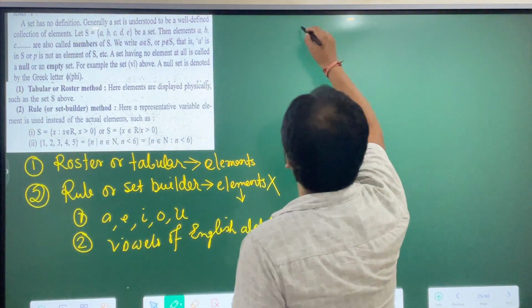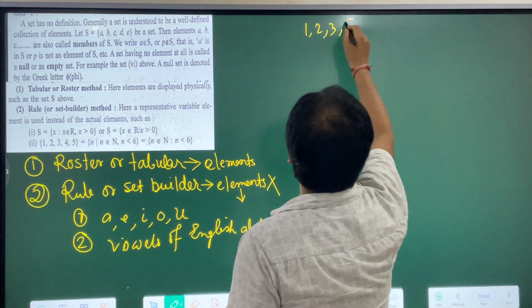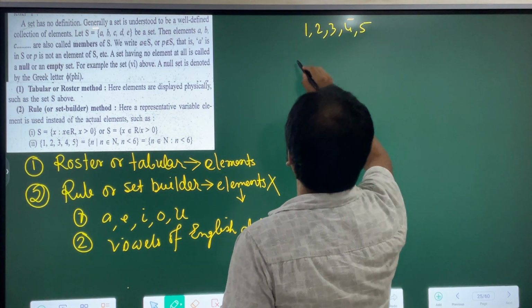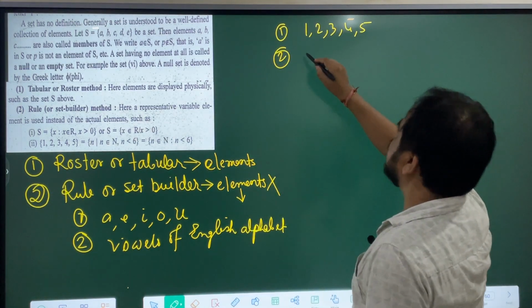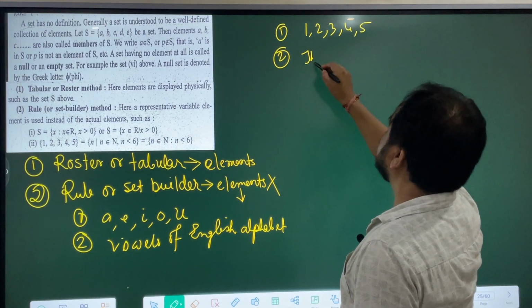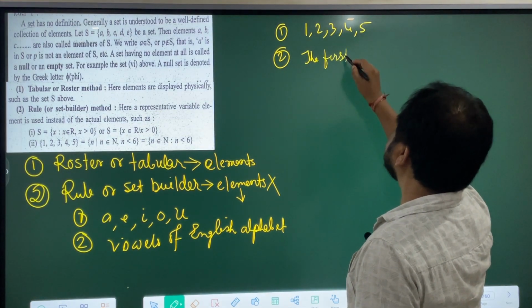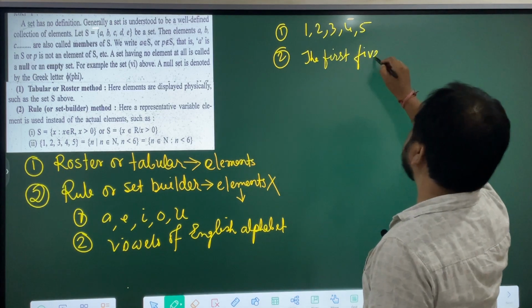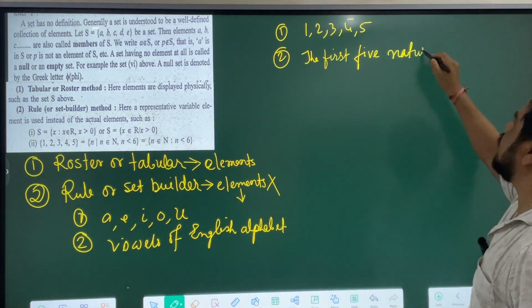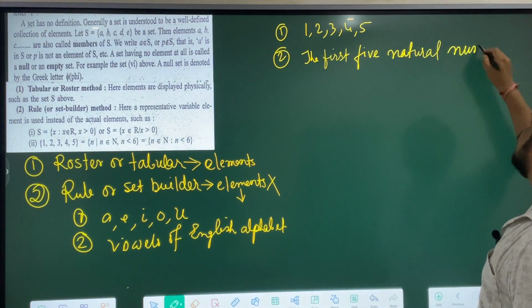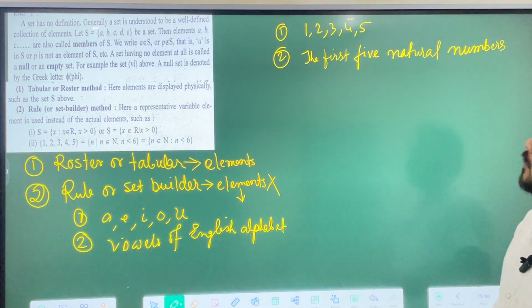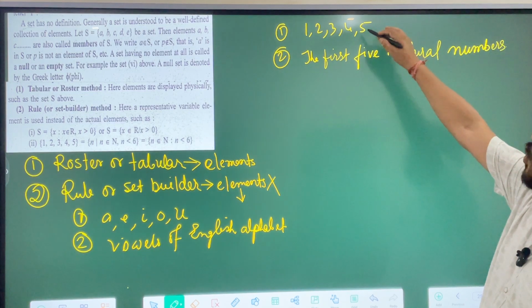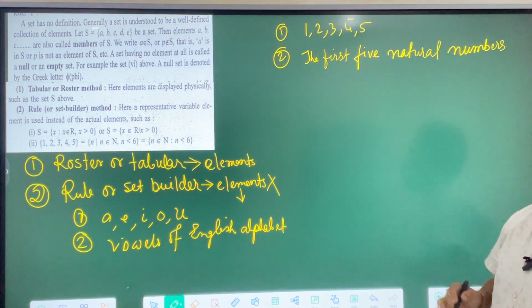Again, 1, 2, 3, 4, 5, and again this is number 1, this is number 2: the first 5 natural numbers, same meaning. So this is called roster method, this is called rule method.